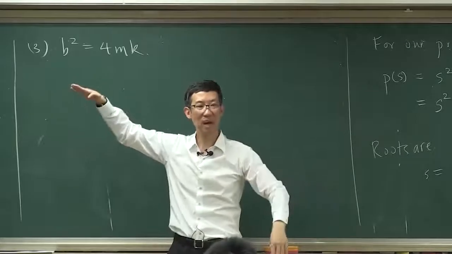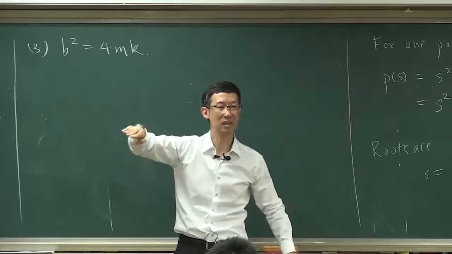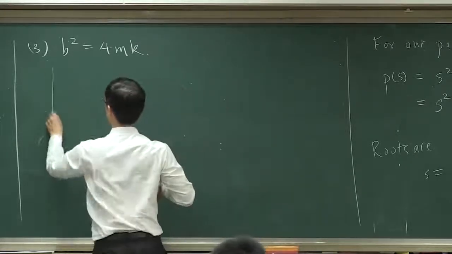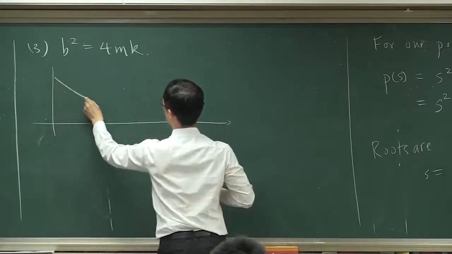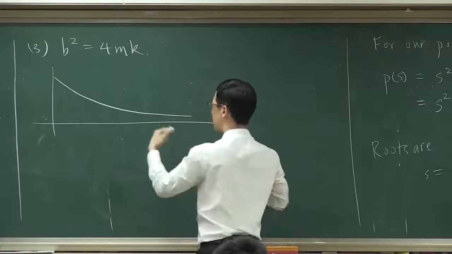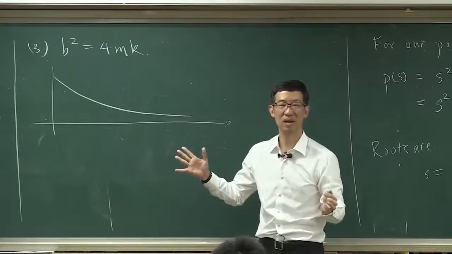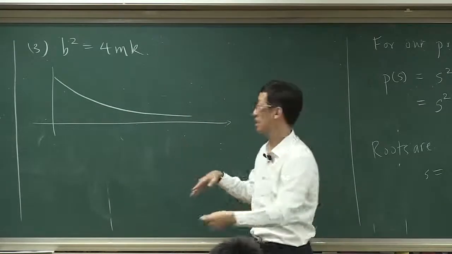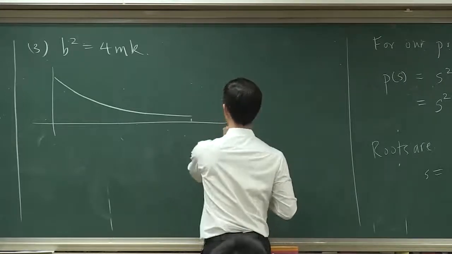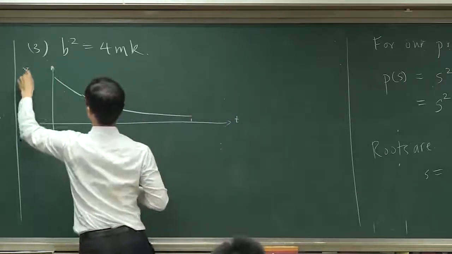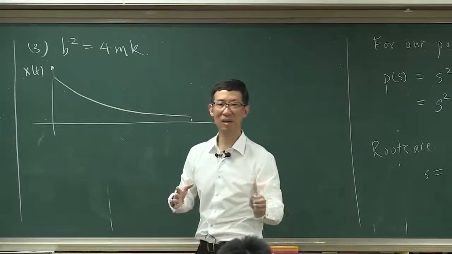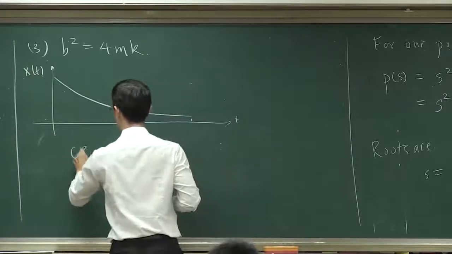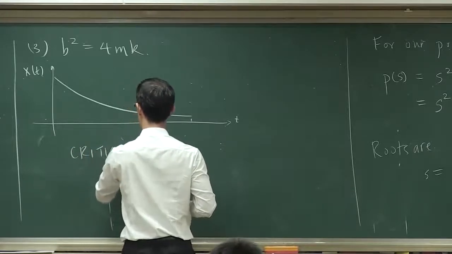Right before oscillation begins, it's going to go to 0, for this system, the fastest possible way without oscillating. So this is what we call the critically damped case.